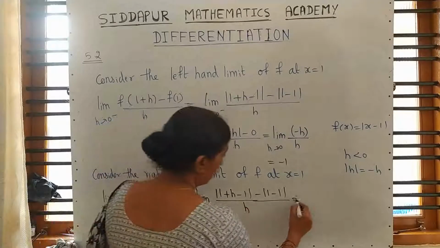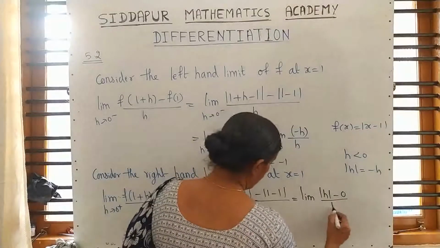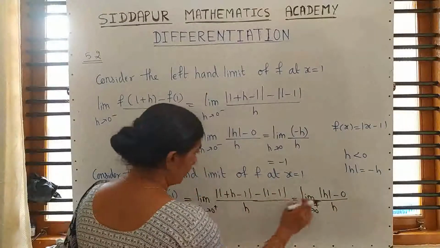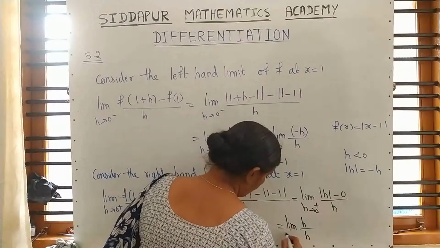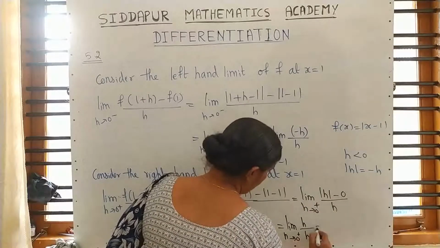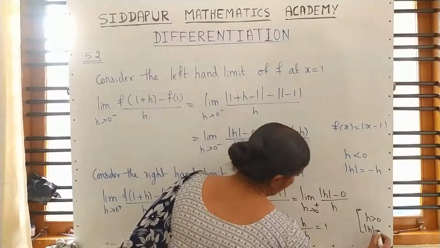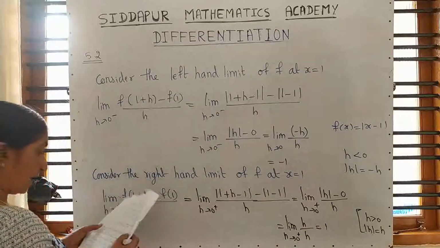Here limit mod of h minus 0 upon h as h tends to 0. It is from right side. From right side the modulus value is positive. So this is 1 because h is greater than 0 means modulus of h is h. Now see the left hand limit and right hand limit, are they equal?